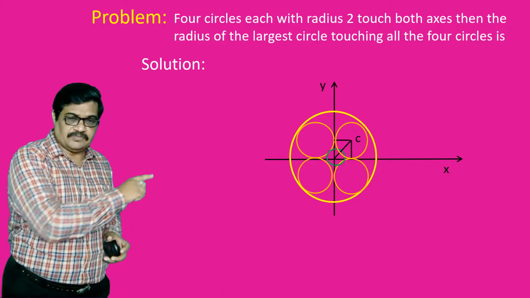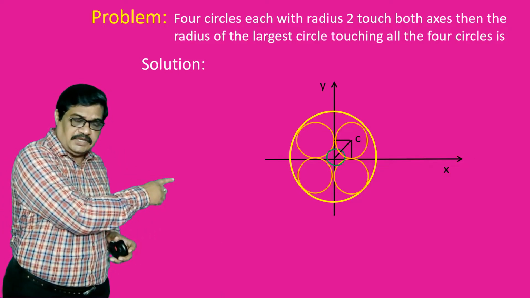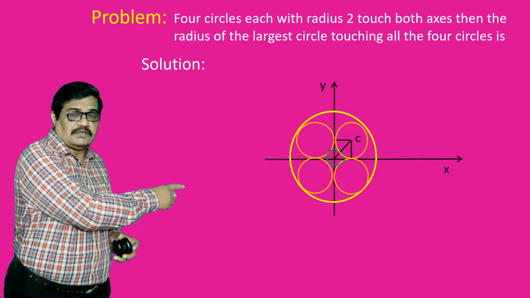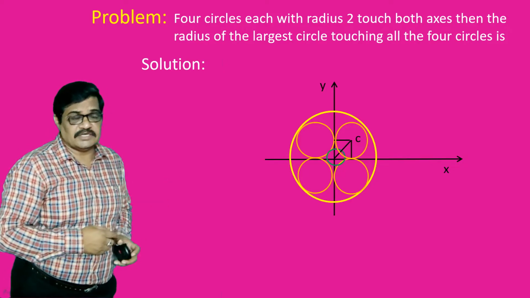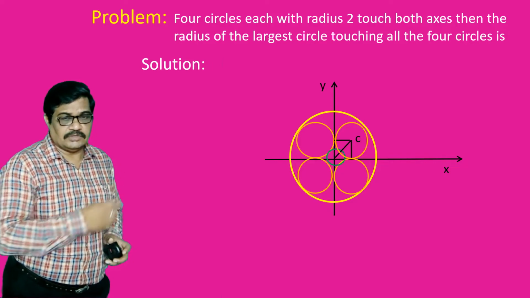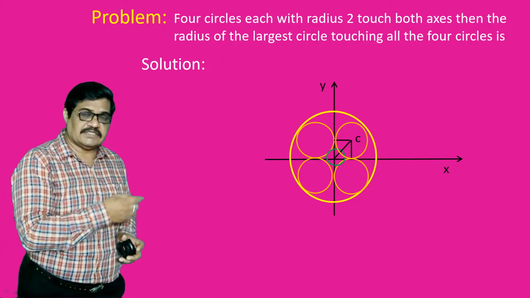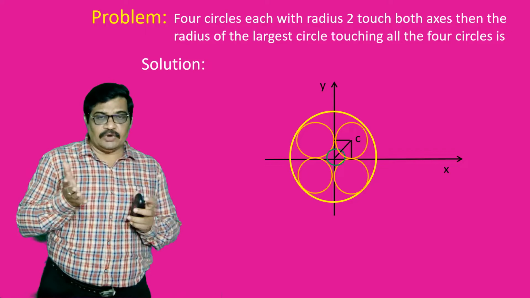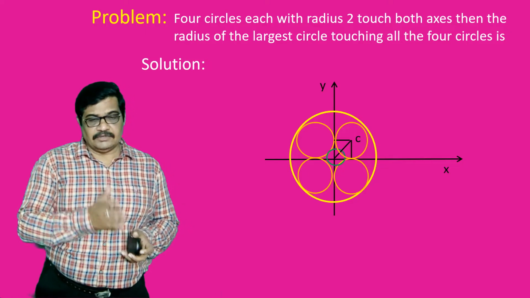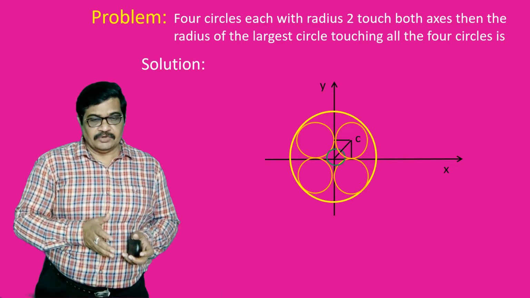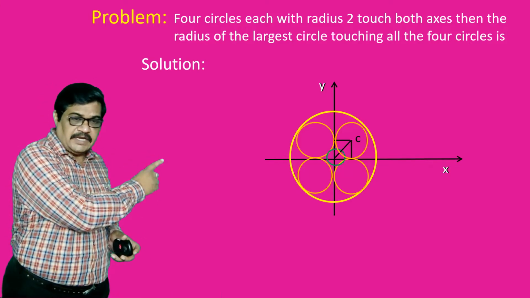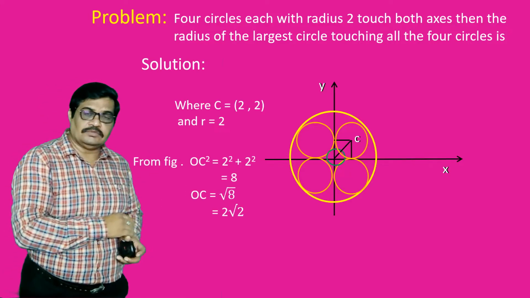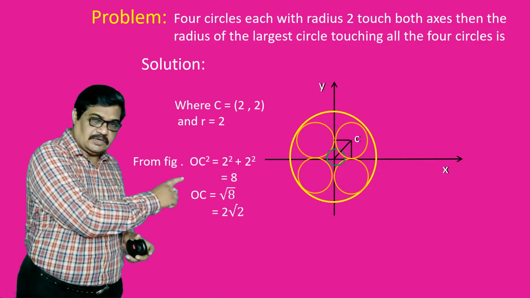We take a circle with its center in the first quadrant. What are the coordinates of the center? (2, 2). The distance from the center to the x-axis and y-axis is 2. From this diagram, the center C is (2, 2), therefore the radius is also 2.